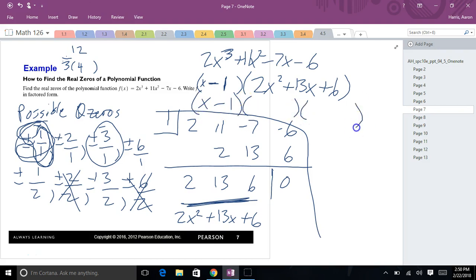Since I have a quadratic, I'm just going to factor this 2x squared piece. So I know it's 2x and x. Then looking at the factors of 6, let's try 1 and 6. It's got to be either plus plus or minus minus. Looks like it's a plus plus. So this is in completely factored form: x minus 1, 2x plus 1, x plus 6.